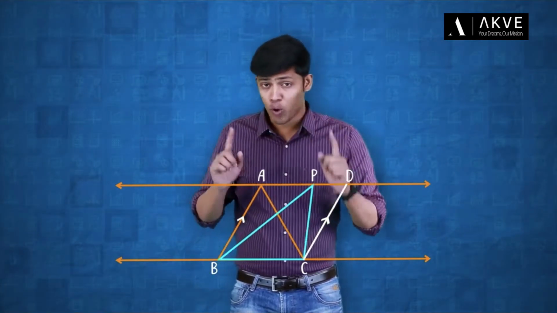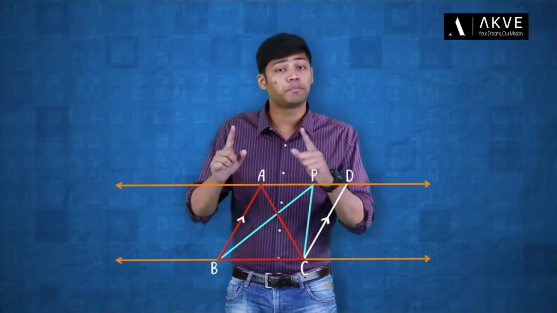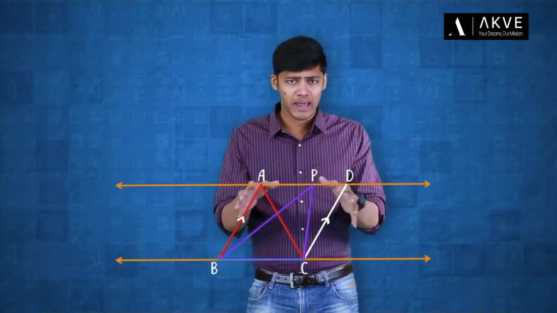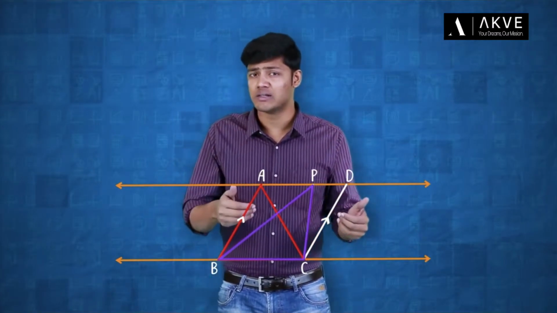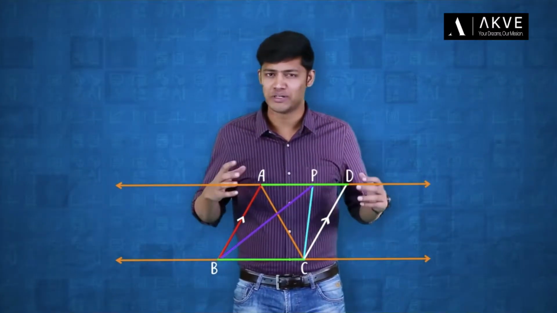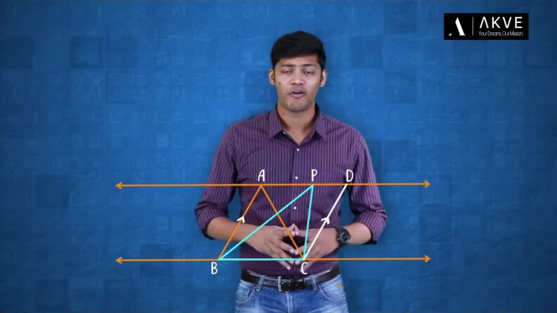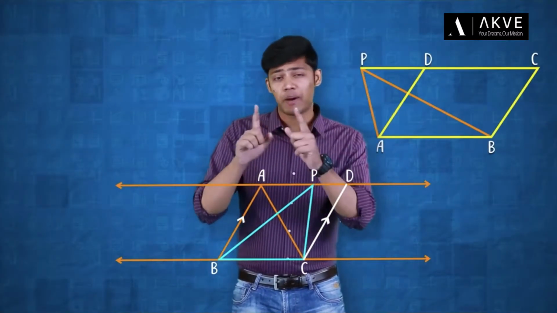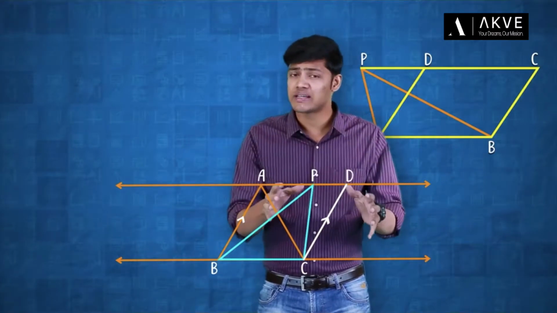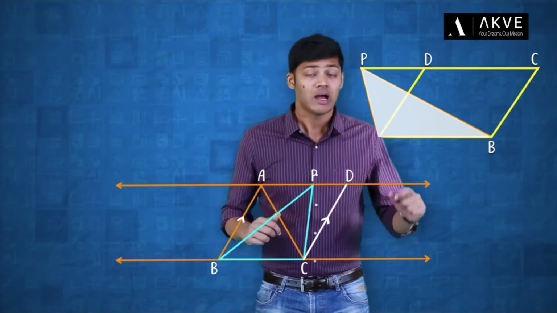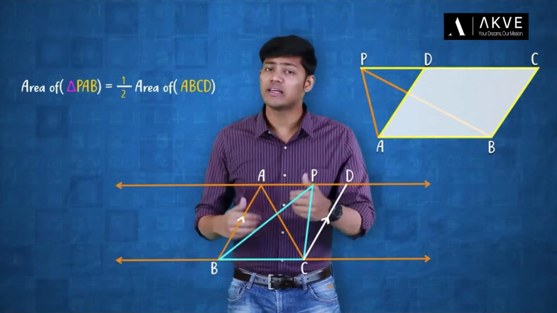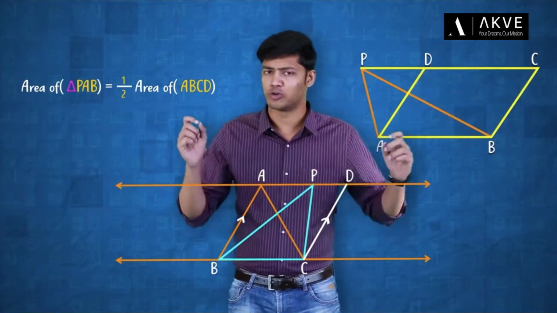Observe that both the triangles ABC and PBC are on the same base and between the same parallels as the parallelogram ABCD. Now, what does that mean? We know that if a triangle and a parallelogram are on the same base and between the same parallels, then the area of the triangle is half of the area of the parallelogram.